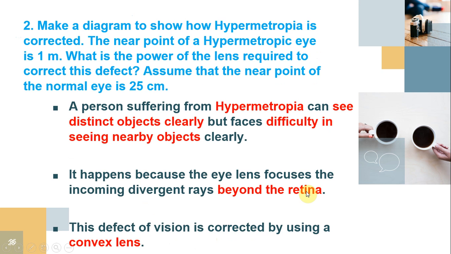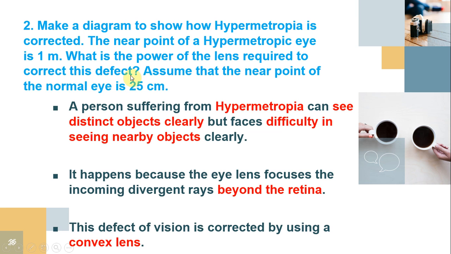And the second problem: make the diagram to show how hypermetropia is corrected. The near point of the hypermetropic eye is 1 meter. What is the power of a lens required to correct this defect? Assume that the near point of normal eye is 25 centimeter.